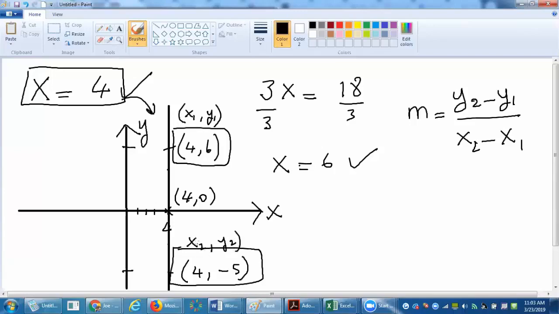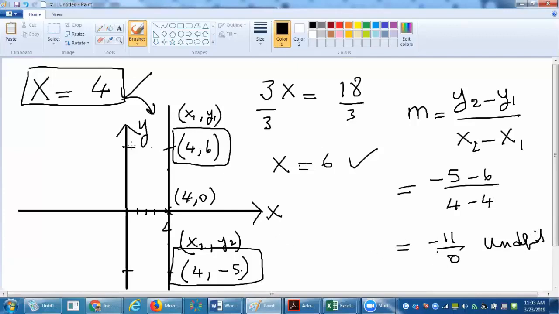So let's assume these are the 2 points, and let's find the slope. And then we're going to go -5 minus 6 over 4 minus 4. And a number over 0 is undefined. So the slope of a vertical line is undefined.